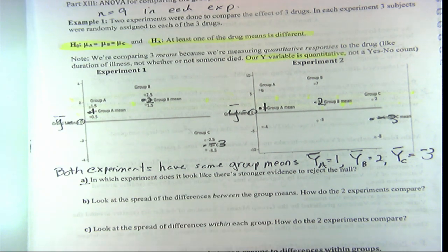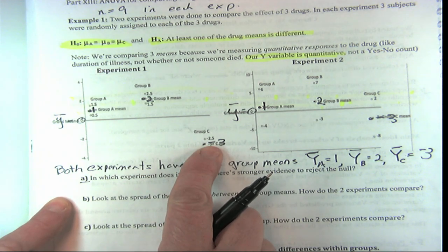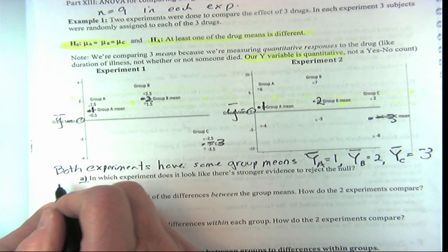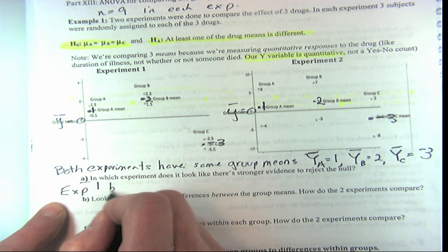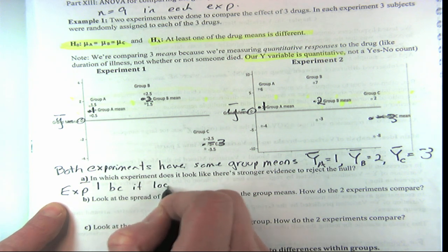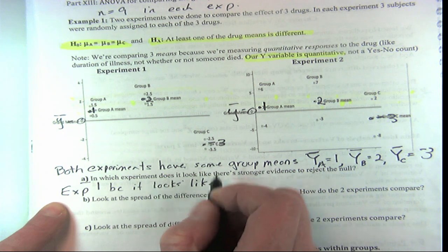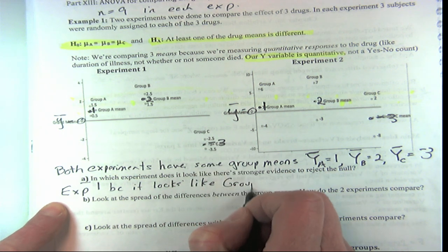I think experiment 1, because this group really looks different than these two. Most people probably saw it this way because it looks like drug C, group C, is really different in experiment 1.